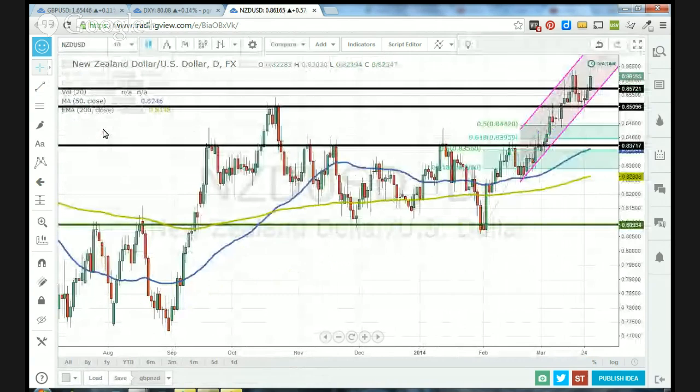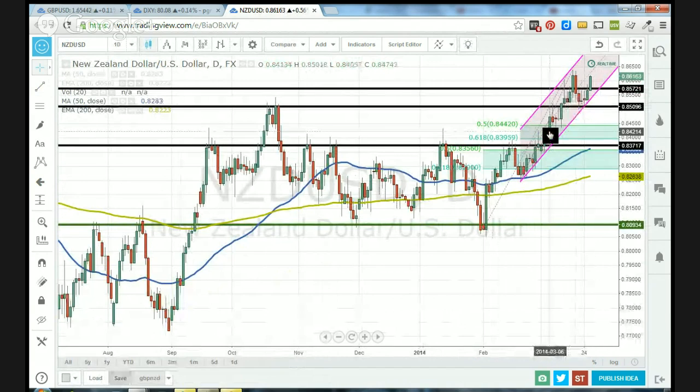Kiwi dollar, another good trade to enter on would have been right here. So the Australian dollar and New Zealand dollar have really just been in uptrends. That's something to bear in mind. I'm looking for good opportunities to buy the dip. We'll see.